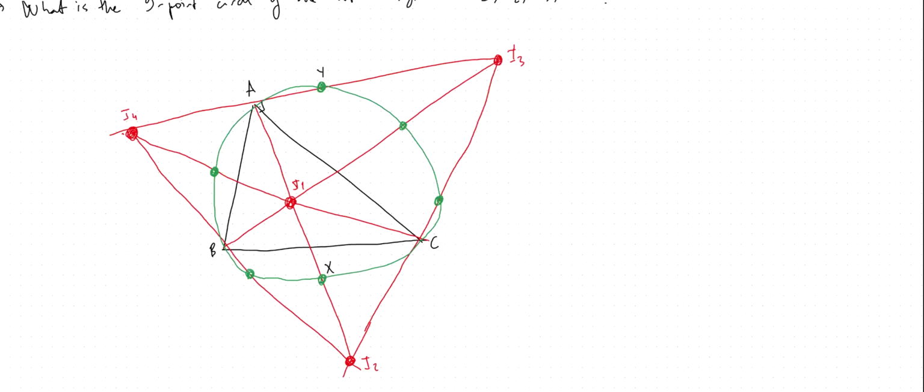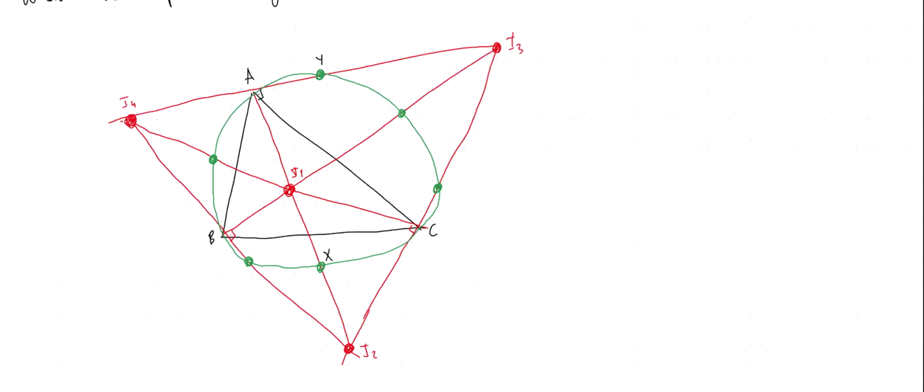So one interesting figure that appears here is when you see that X is the midpoint of I1, I2, X turns out to be the center of this circle with diameter I1, I2, passing through B and C. So you see that these are equal.